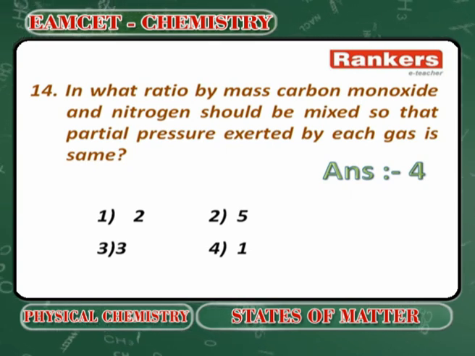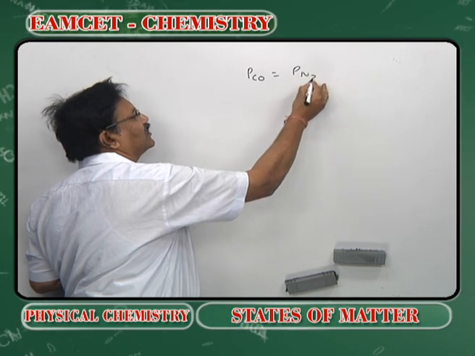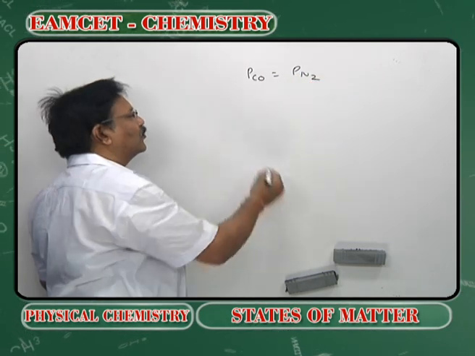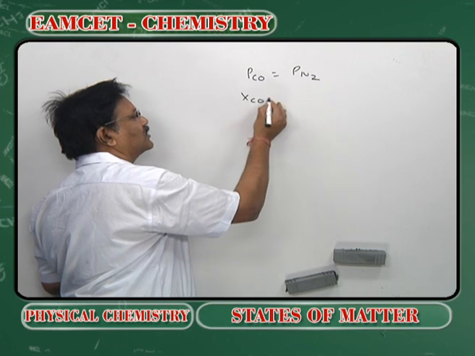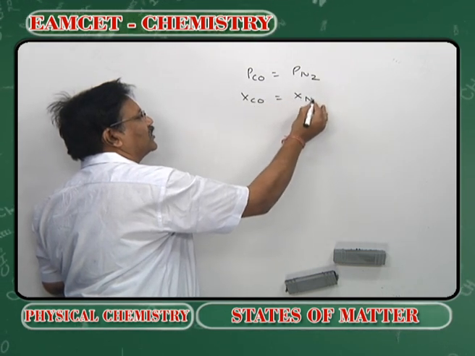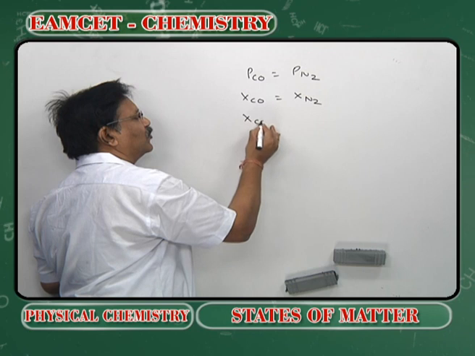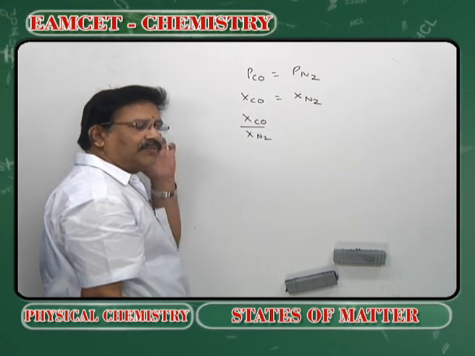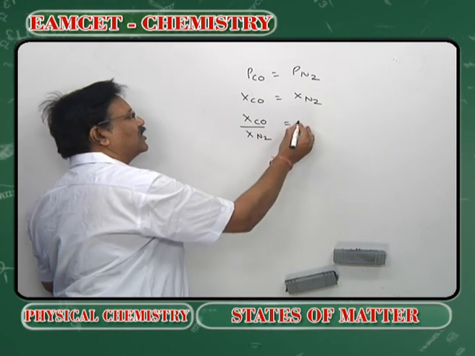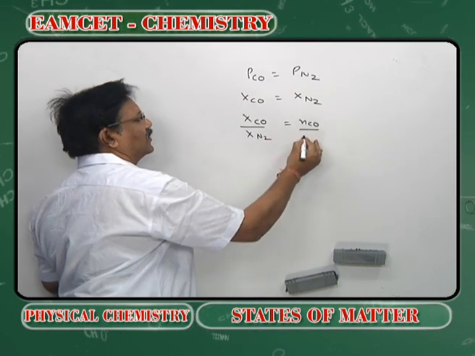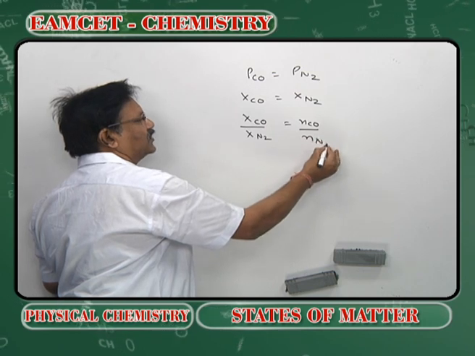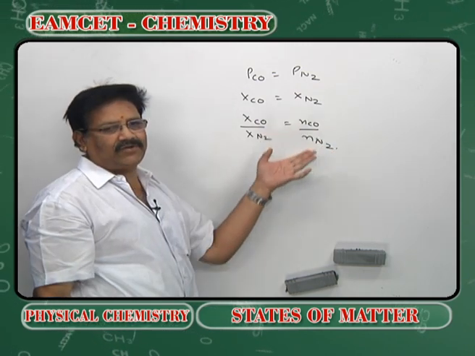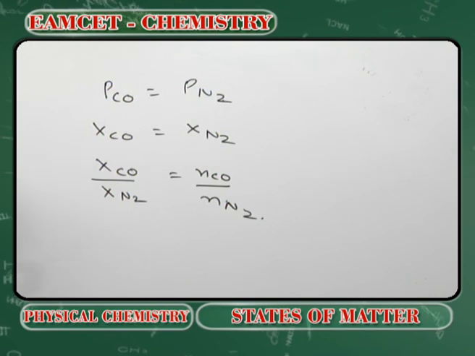For the partial pressure of the CO to be equal to the partial pressure of the nitrogen, the mole fraction of the CO must be equal to the mole fraction of the nitrogen. So the ratio of mole fractions must be equal to the ratio of the number of moles.